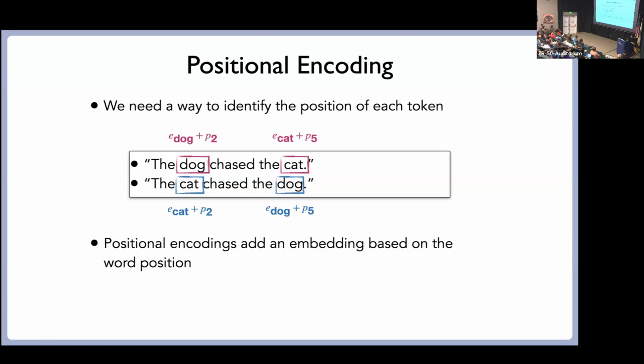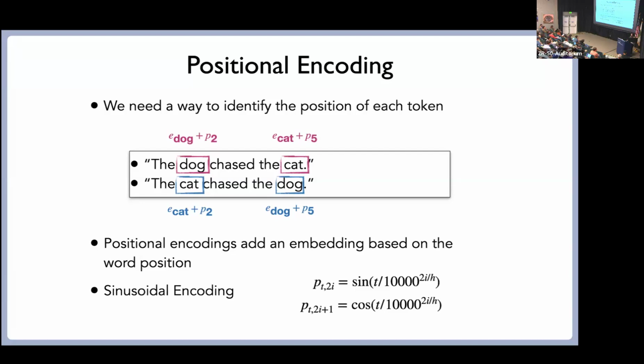So what people do is add a positional encoding to the embedding so that now the vector representation of the word considers the position. There are many different ways of defining or getting positional encodings, but what the original transformer paper did is use an encoding called sinusoidal encoding.